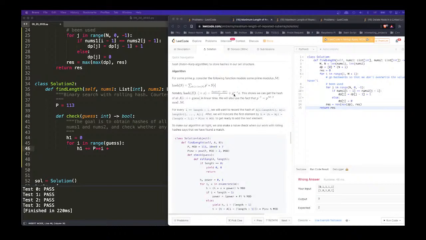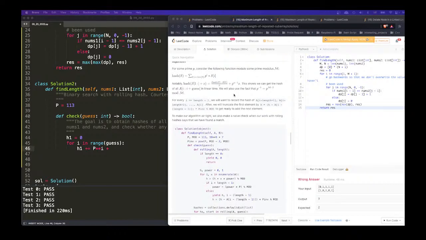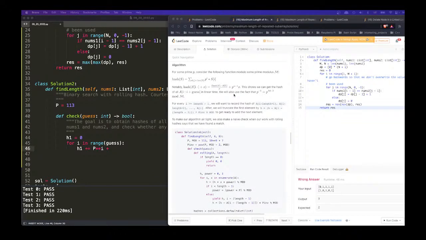What's this n? And here is just x times power.